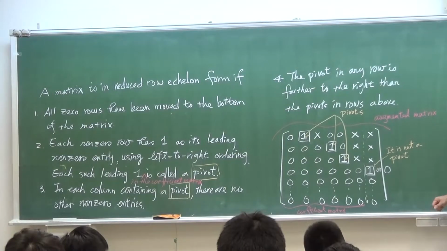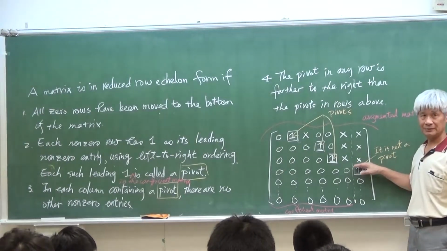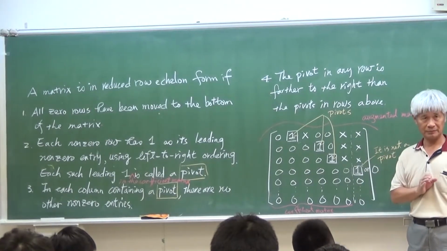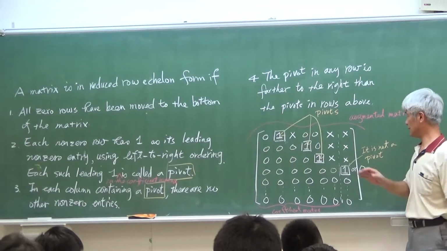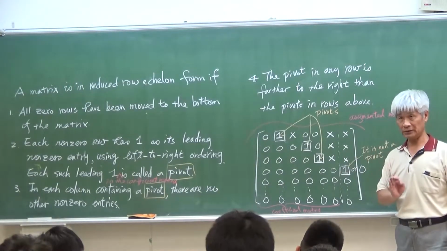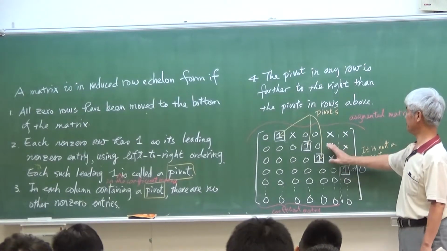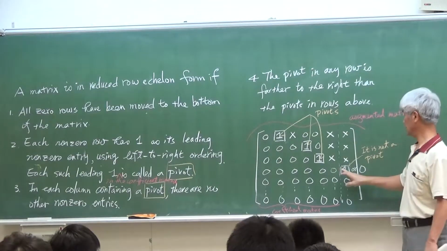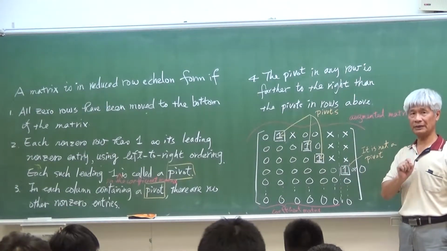Of course, if this situation happens, it has a very serious consequence. I will tell you later, because it says that the corresponding system of linear equations has no solution. So if the system has at least one solution, then this entry must be zero. But I'll talk about that later.